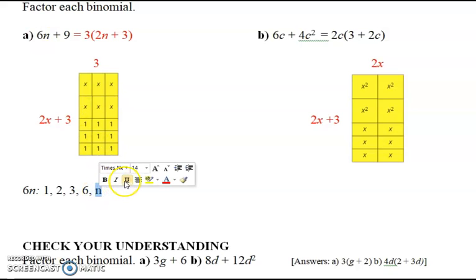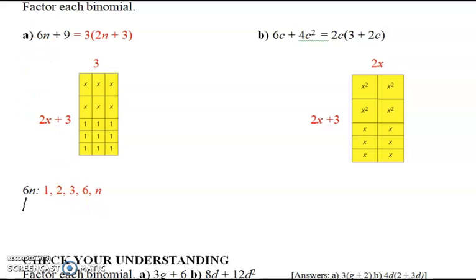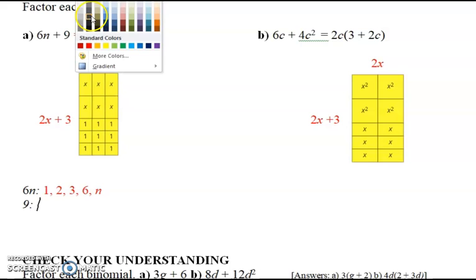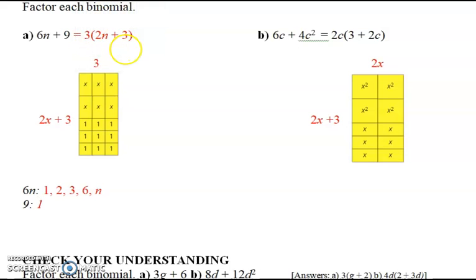So those are your factors of 6n. And then I'm going to do the factors of 9. Factors of 9 are 1, 3 times 3, and then 9.